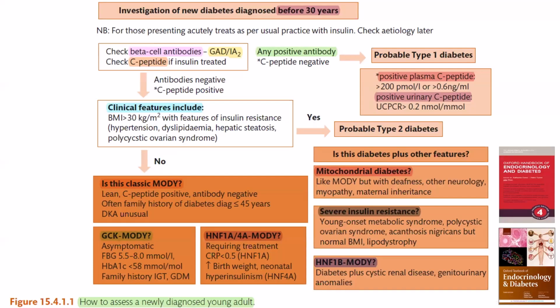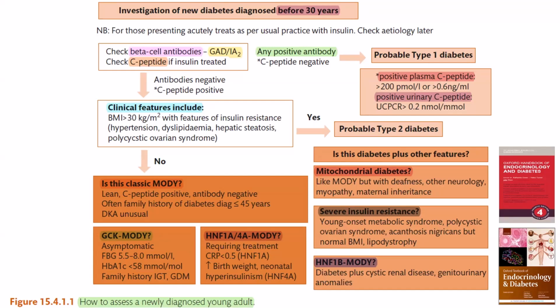If we suspect MODY, we need to differentiate whether it is glucokinase or HNF1 alpha or HNF4 alpha. Glucokinase MODY is asymptomatic, with mild fasting hyperglycemia, hemoglobin A1C usually mildly elevated, less than 58, with a family history, and if diagnosed during pregnancy, it is usually glucokinase.